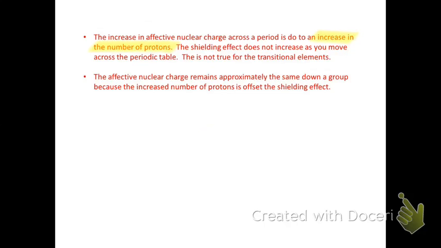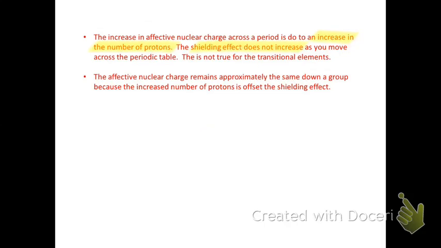Now what about shielding? The shielding effect does not increase as you move across the periodic table. Since the shielding effect has no bearing upon the nuclear charge as you move across, as we increase the number of protons, the effective nuclear charge is also going to increase.